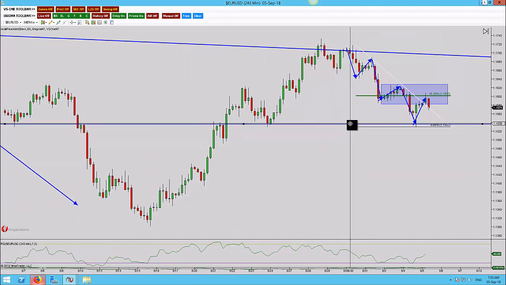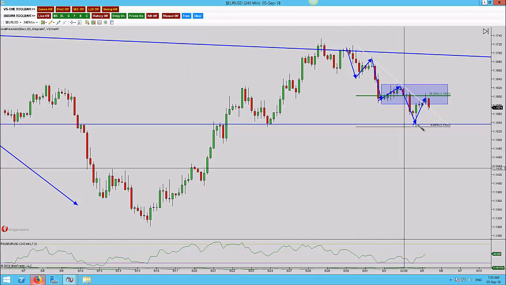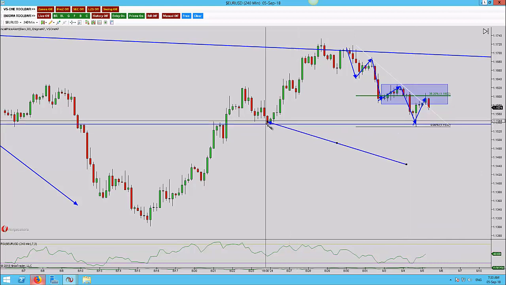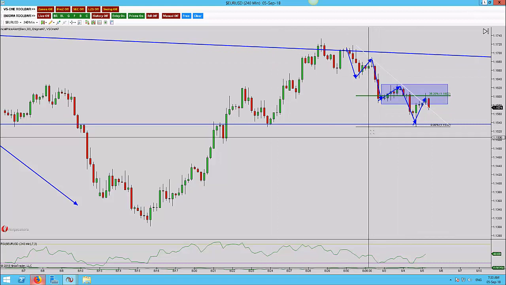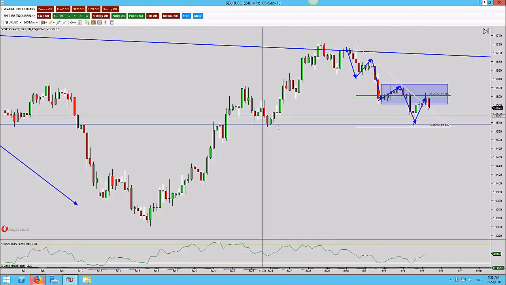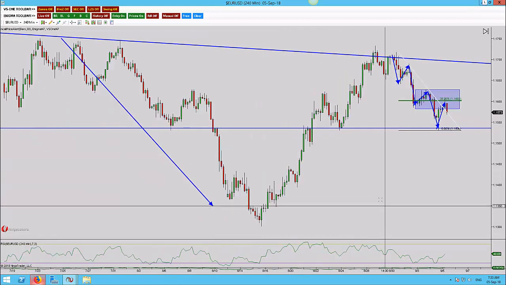And if I just move that structure level up to there, you can see that here we've already tested this level. However, we're trending quite nicely, and I'm anticipating a retest of this level and a continuation.